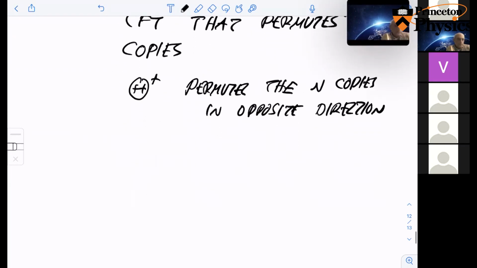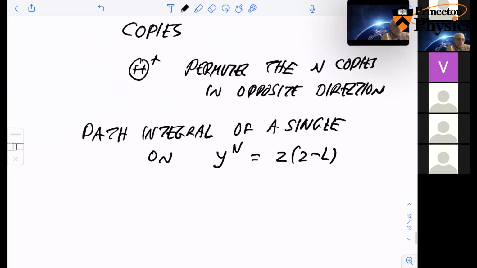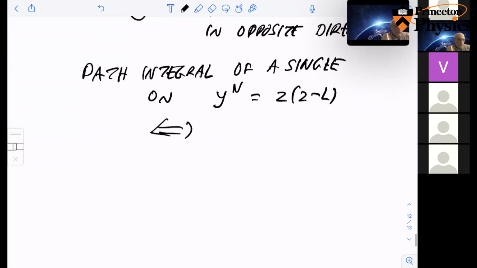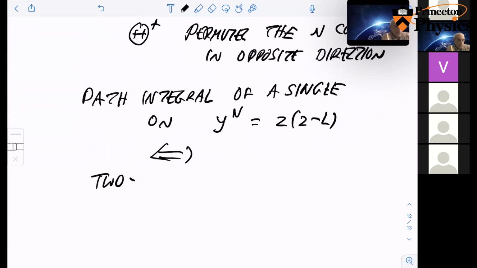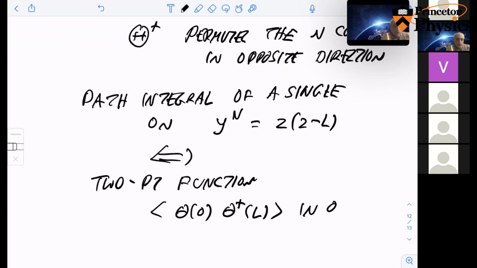So now you see the path integral of a single theory, the original CFT, on the spacetime that was an n-sheeted copy, is the same as the two-point function of theta in n copies.